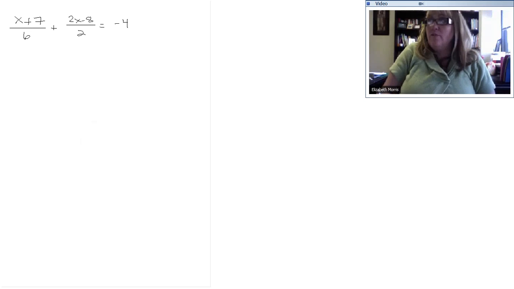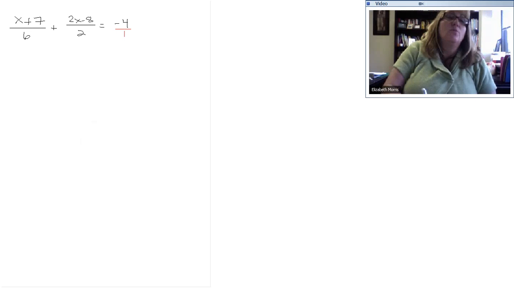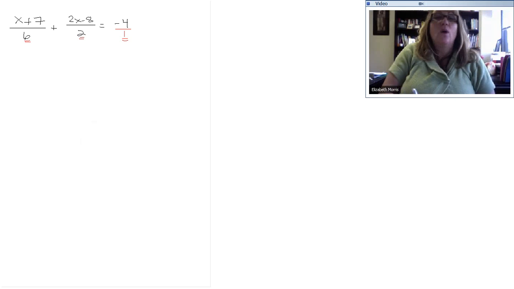Although I believe fractions should be your friend, we're going to get rid of them. And the way you get rid of fractions is you multiply the whole thing by a common denominator. Common denominator. What number does 6, 2, and 1 all divide into evenly? 6. 6 would be the common denominator. So we are going to multiply the whole thing by 6.